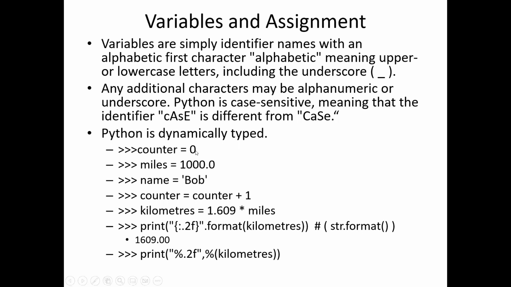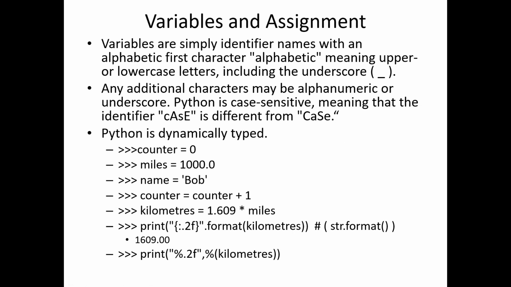Remember, Python is a case sensitive language. That means if you use the word case with A as a capital letter in the first name, and a as a small letter in the second name, these two names, see here, these two cases are different.